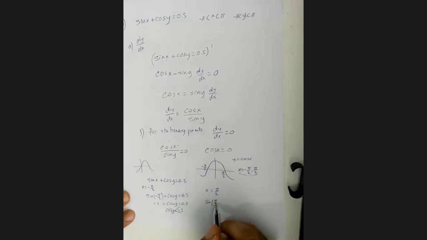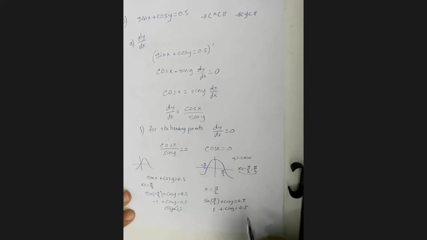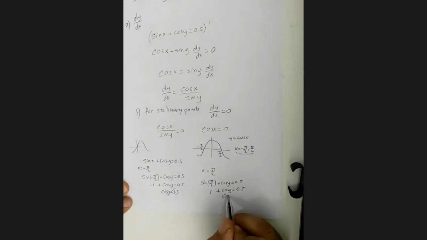So when x is equal to pi over 2, sine pi over 2 plus cosine y is equal to 0.5. This is 1 plus cosine y is equal to 0.5. Cosine y is equal to negative 0.5.